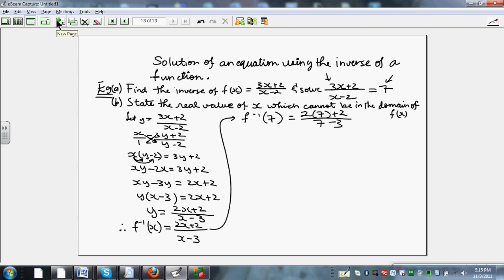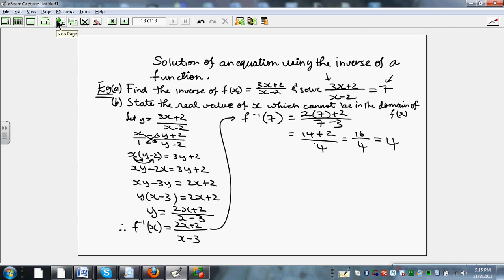Okay, and that works out to be 14 plus 2 over... sorry, 7 minus 3 is 4. Sorry, something was looking strange. 7 minus 3 is 4, so 16 over 4, right, which becomes 4.